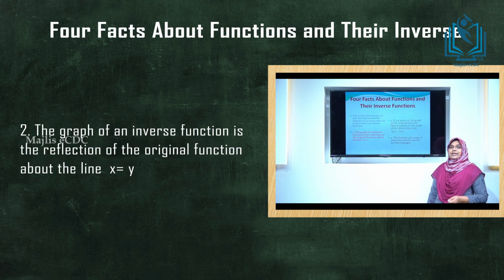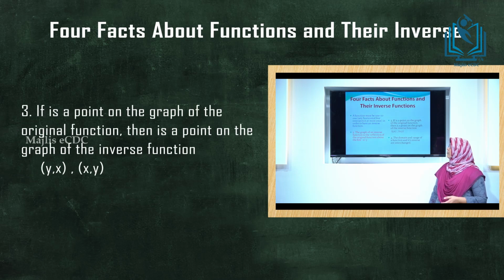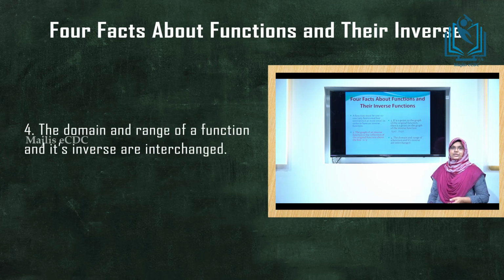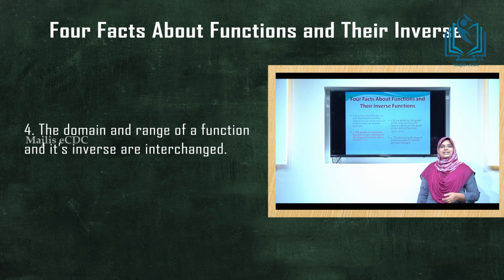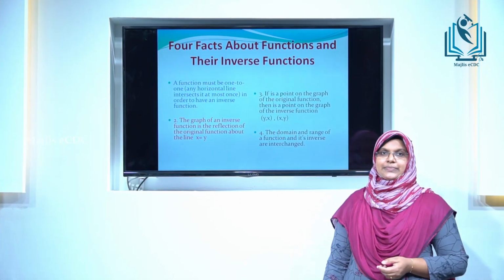Third point, if (x, y) is a point on the graph of the original function, then (y, x) is a point on the graph of the inverse function. Fourth point, the domain and range of a function and its inverse are interchanged. That is, the domain of the function is the range of the inverse function and the range of the function is the domain of the inverse function.